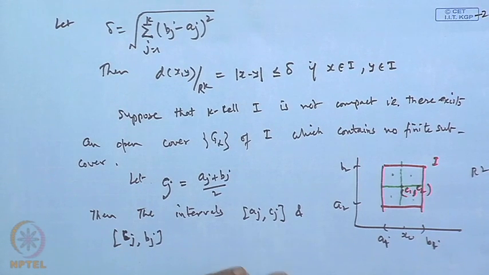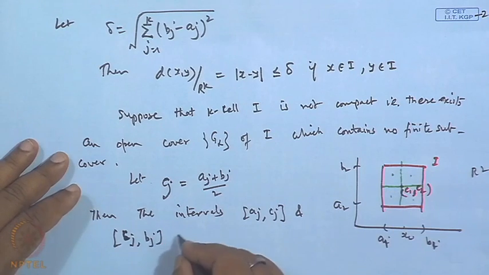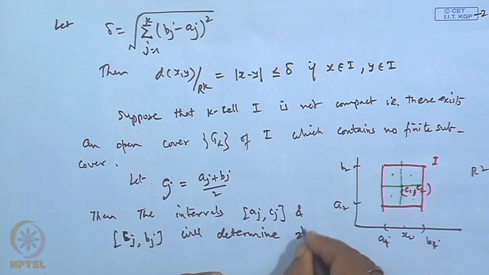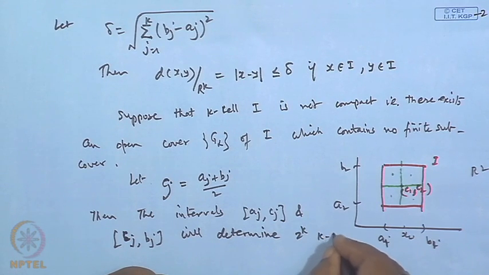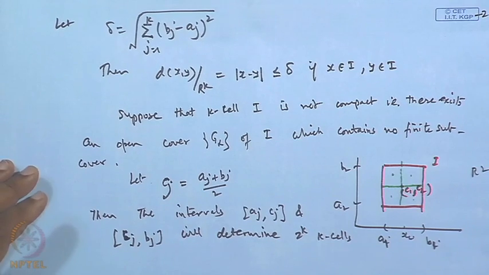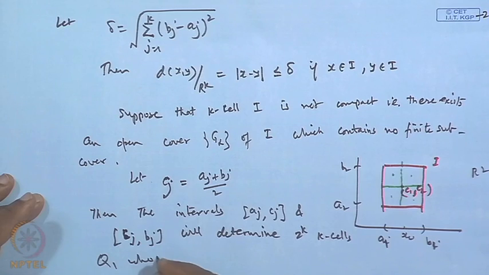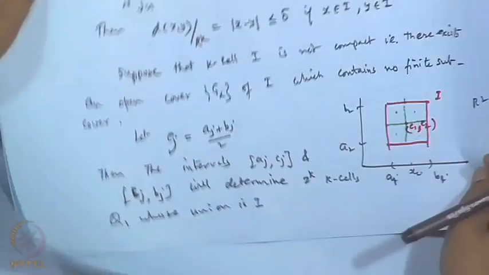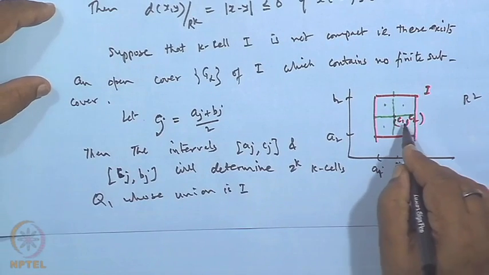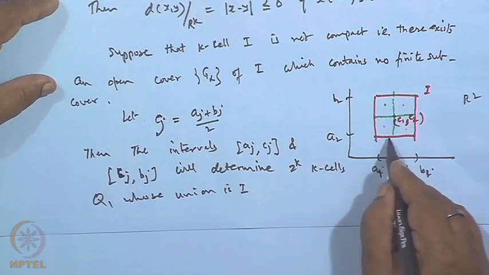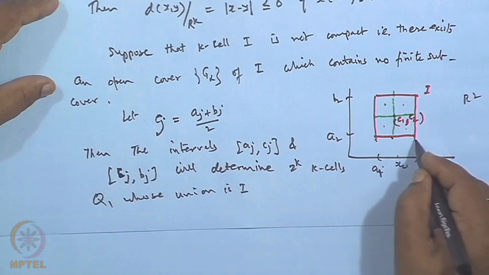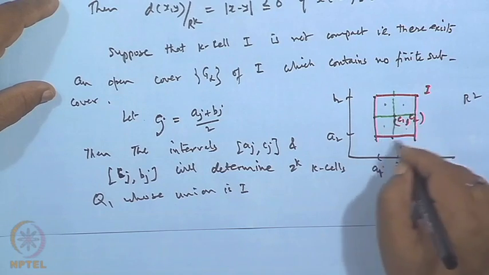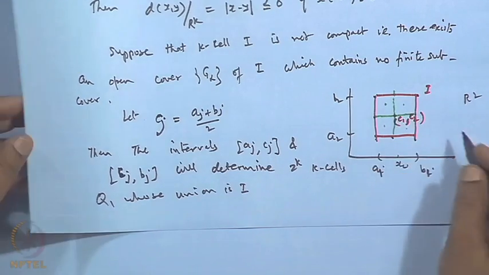These intervals will determine 2^k cells, say Q_1, whose union is I. Just like in R^2, if you take c_1, c_2, we get [a_1, c_1], then [c_1, b_1], similarly here [c_2, b_2] and like this. So we get 2^2, that is 4 k-cells here.